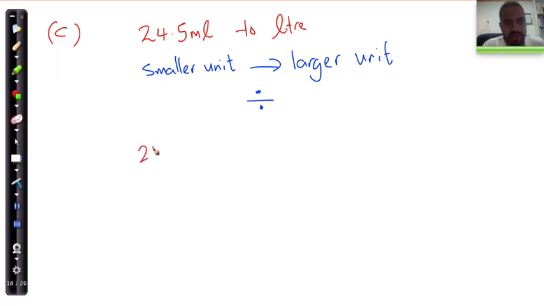I say that's 24.5 milliliters, right? And I'm going to divide that by 1,000, because there are 1,000 milliliters in a liter. I can either divide straight away by 1,000 or divide by 10, then divide by 100. So I'm just going to go straight away and divide by 1,000.